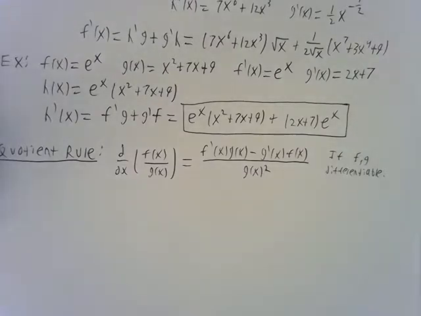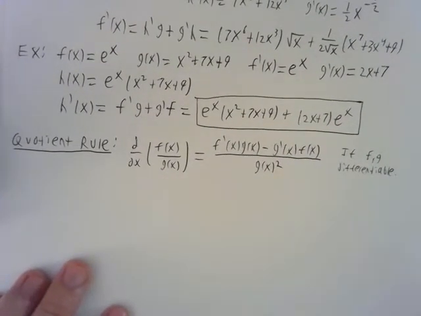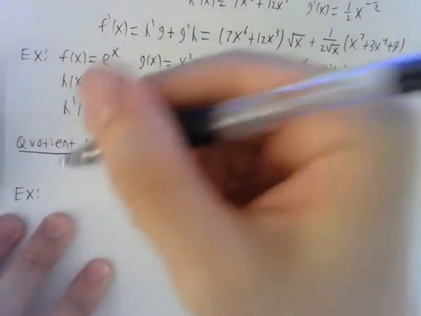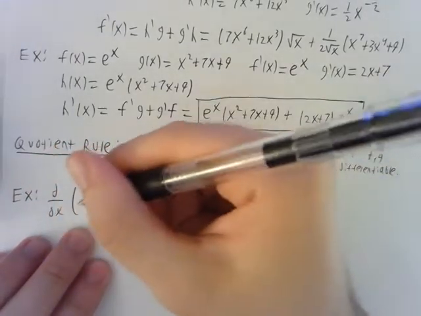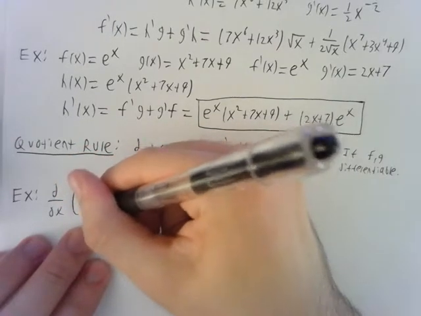Okay, so again, in class I did show a proof of why this is true, but in this video I just want to focus on giving some examples. So let's take a look at the derivative of x plus 7 over x squared plus 3x plus 9.